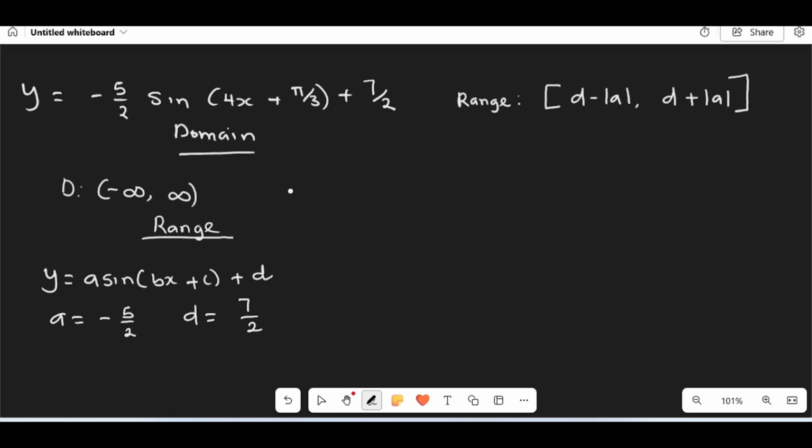Let us substitute the value of a and d into this. So our range is [7/2 minus absolute minus 5/2, 7/2 plus absolute minus 5/2].